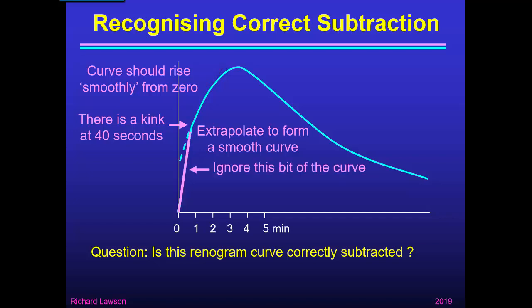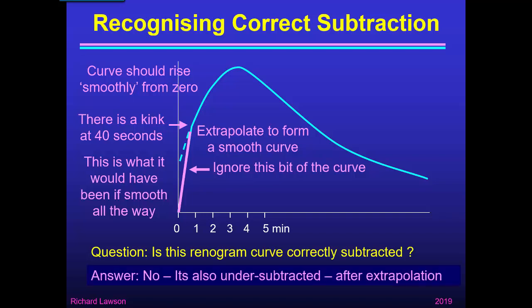If we ignore this bit of the curve before 40 seconds, we see that the extrapolated curve gives what it would have been if it had been smooth all the way. If the model had worked all the time, the curve would have been like this. So on this criterion, I think the extrapolated curve is actually also under subtracted. There is some blood background there, but we had to extrapolate to reveal that.